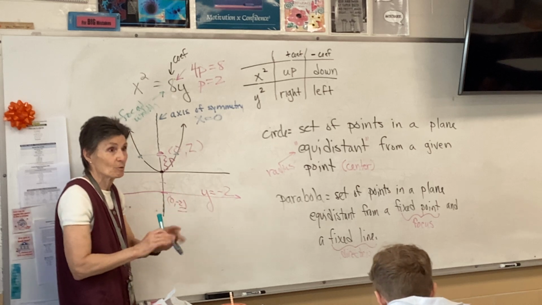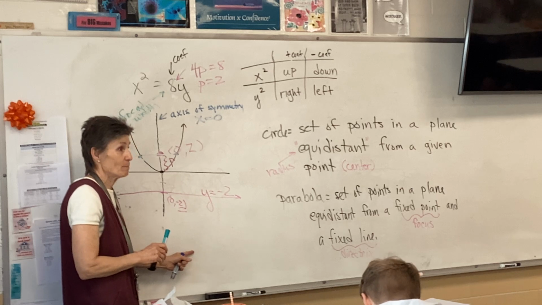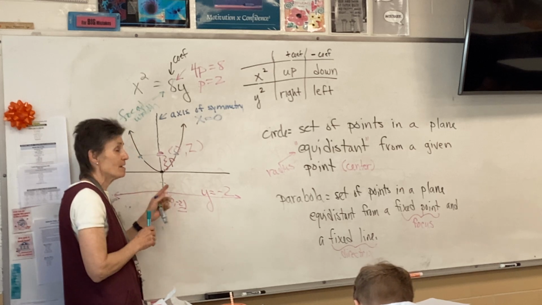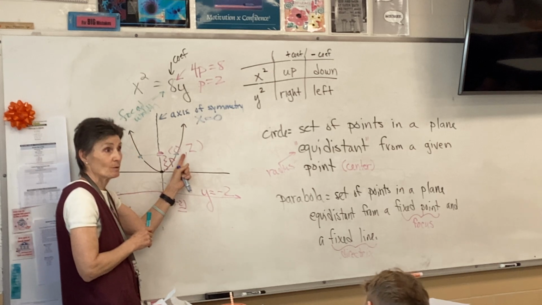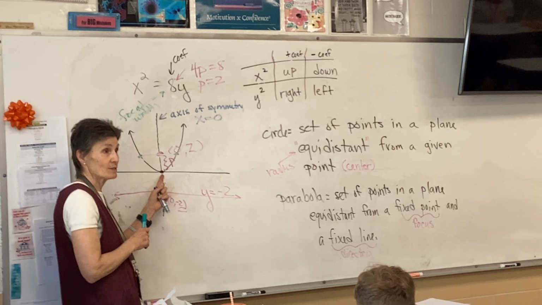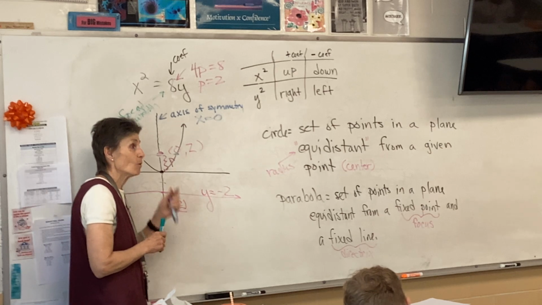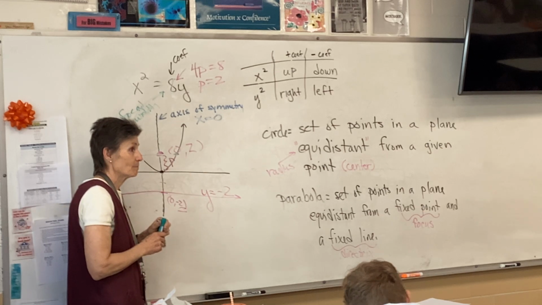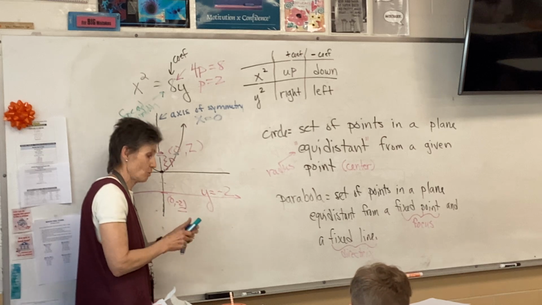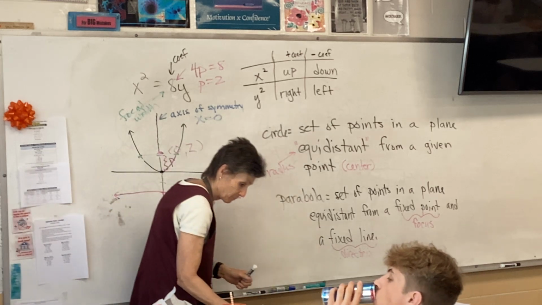You're gonna have to list this information for me. So I use a picture to get it, but I'm gonna grade focus is 0, 2, directrix is y is -2, vertex is 0, 0, axis of symmetry is x equals 0. Focal width is 8. So don't worry about your picture. It doesn't need to be perfect.